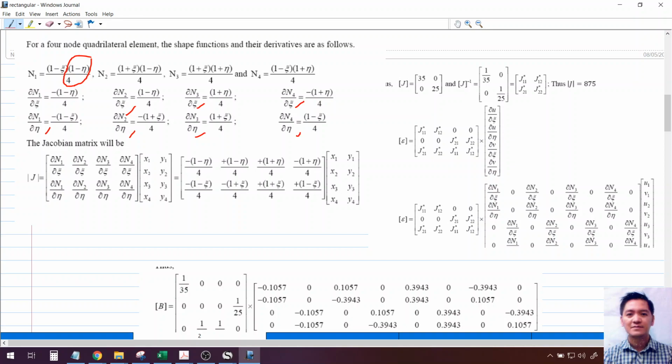Okay? So mapapansin nyo yung ating real world coordinates, yung mga yan. x1, y1, x2, y2, x3, y3, x4, y4. Okay? So you need the Jacobian to transform this real world coordinate Cartesian coordinates. Okay? So next is, ito na.